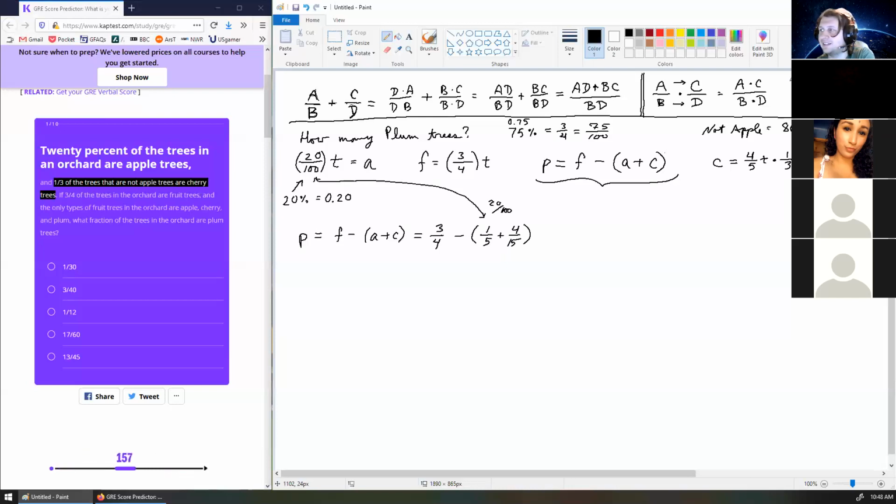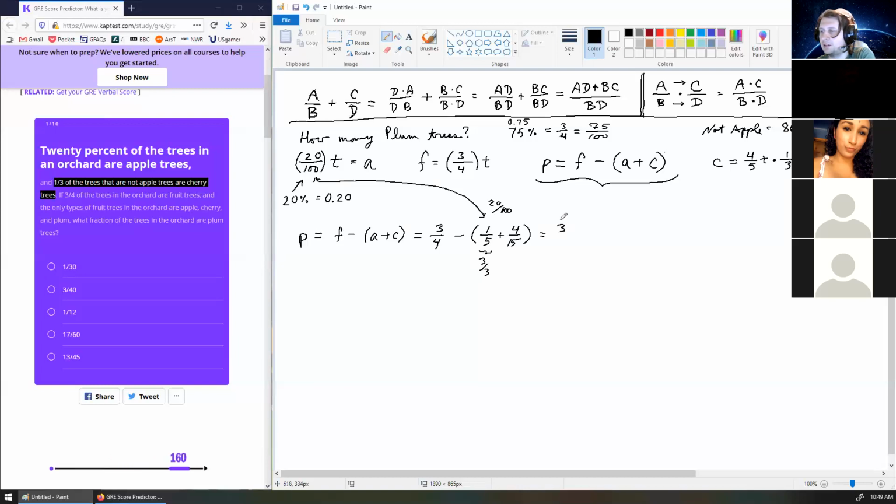Yes. Great. Parentheses, exponents, multiplication, division, addition, subtraction. So we're going to do the parentheses first. We can get a common denominator here by taking this and multiplying it by 3/3.